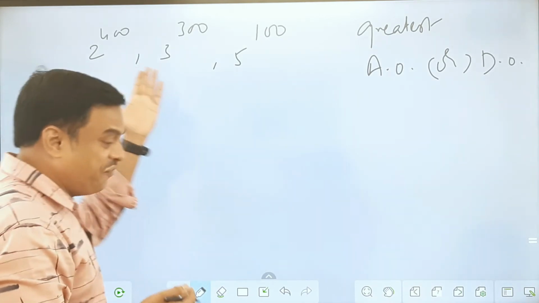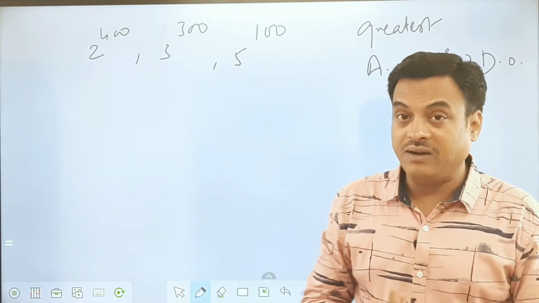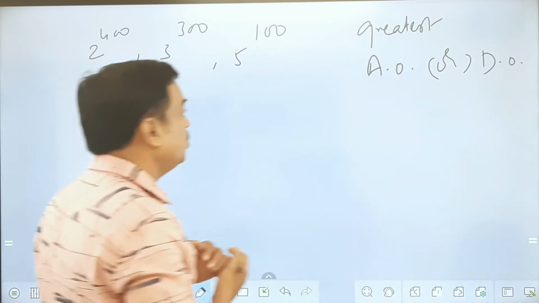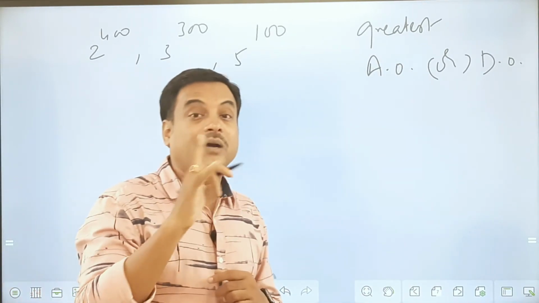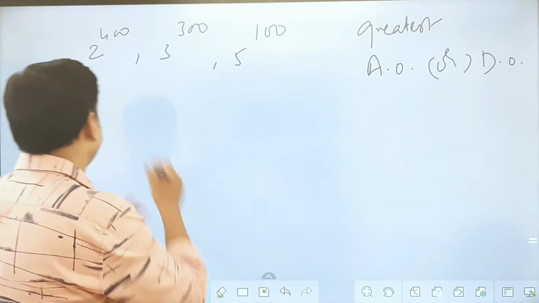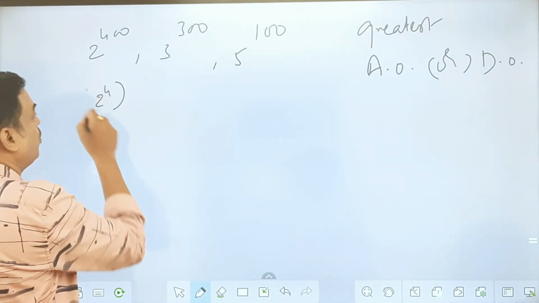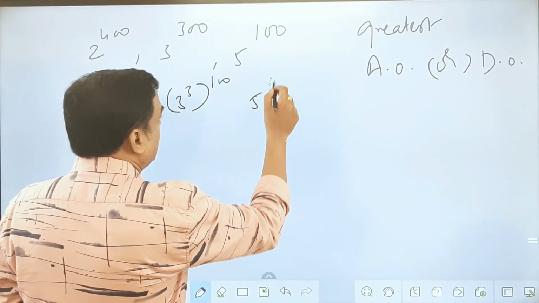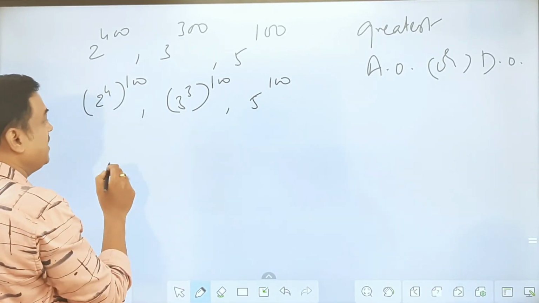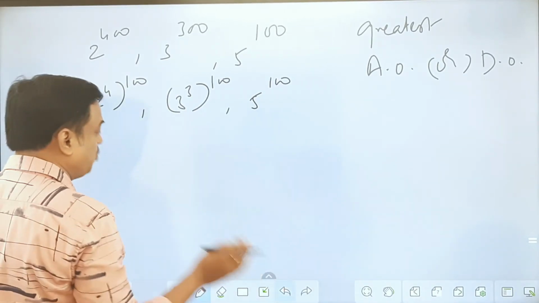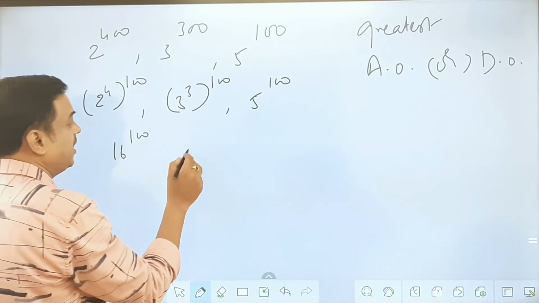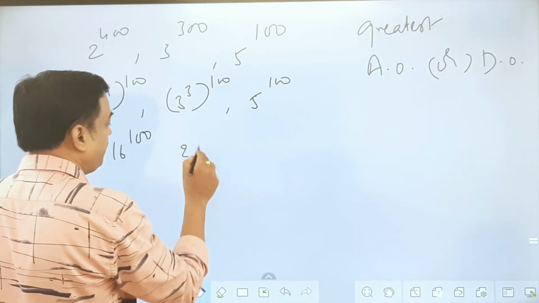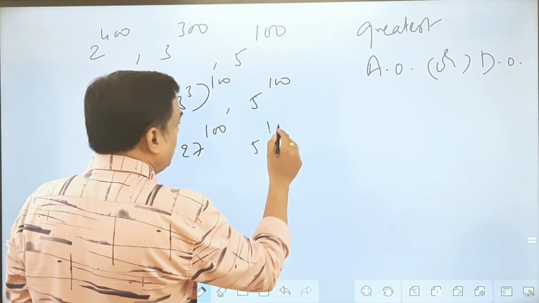What is the method? Can you find the value of 2 power 400, 3 power 300, 5 power 100? Huge values, we cannot compare them. So what can we do? Either compare the powers or compare the bases. That's the basic logic here. See here, can I write the same thing as 2 power 4 whole to the power of 100, 3 power 3 whole to the power of 100 and 5 power 100. Now, that is nothing but 16 to the power of 100, 27 to the power of 100, and the final one 5 to the power of 100.